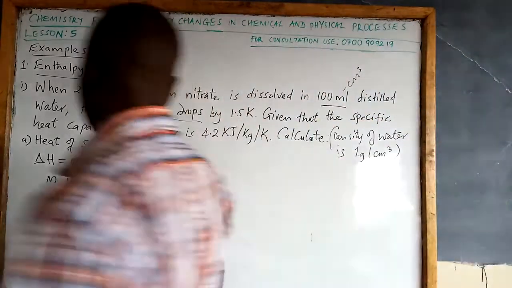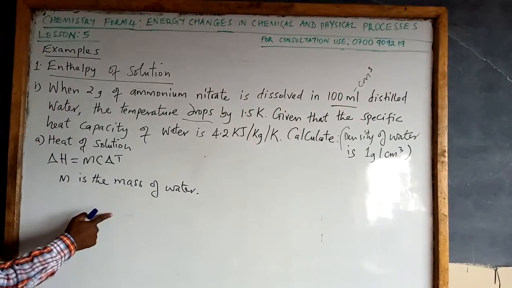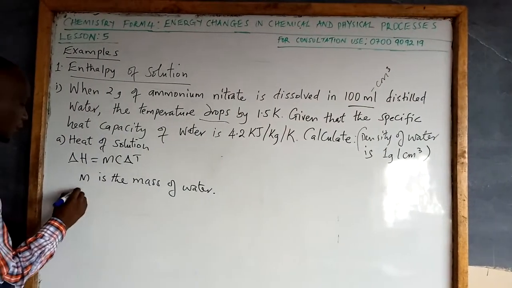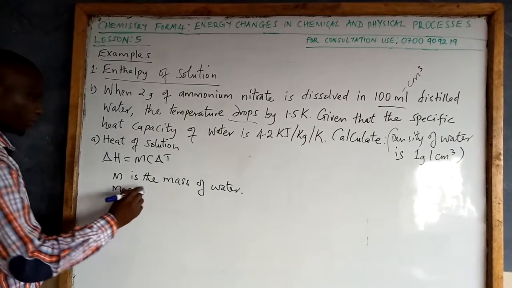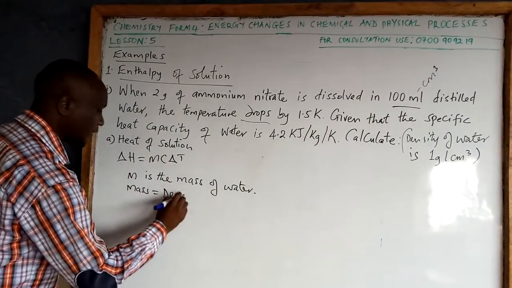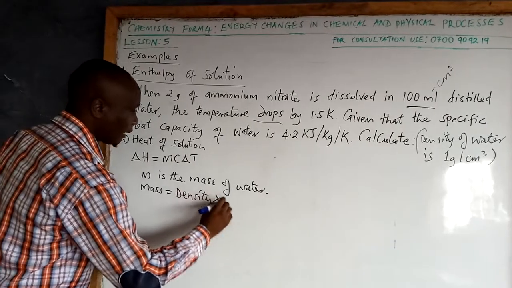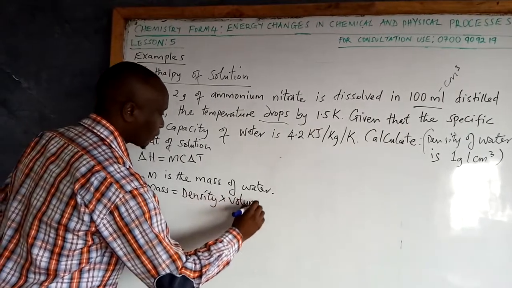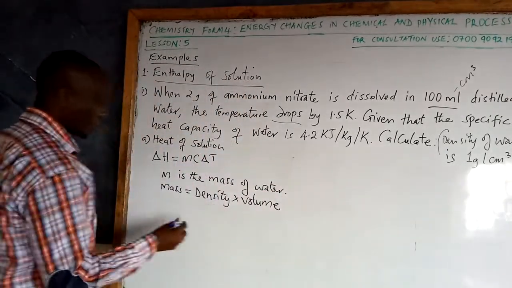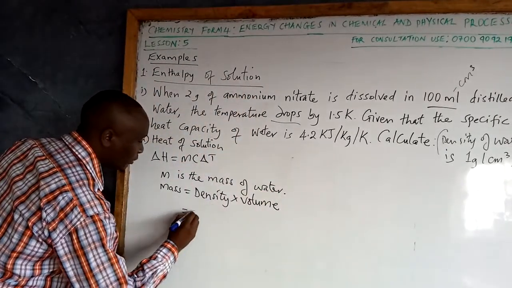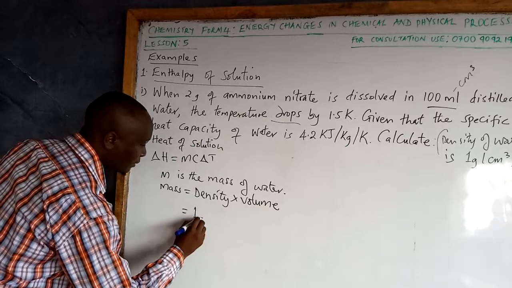So m will be the mass of water, and we need to determine it using this expression: mass is equivalent to density times volume. The density of water is 1 gram per centimeter cubed.